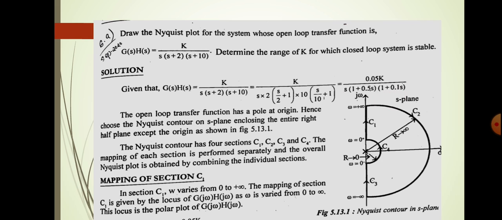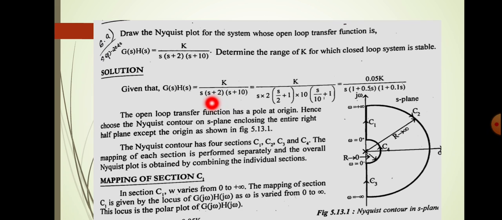So here you can see what information is obtained from this equation. First, you can see that the power of s in the denominator is 1, and the denominator polynomial gives the number of poles. Here there are 3 poles.